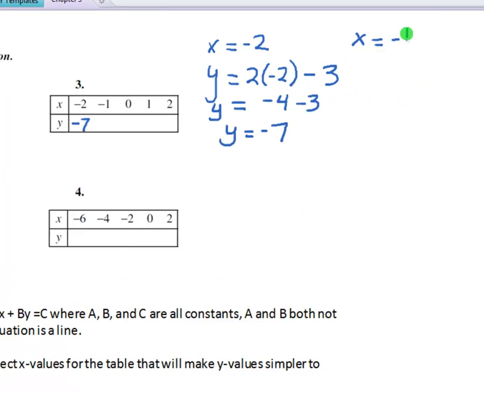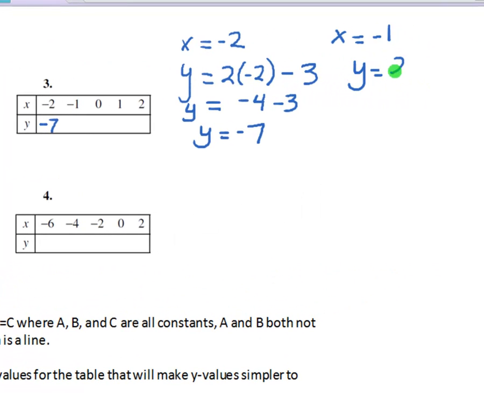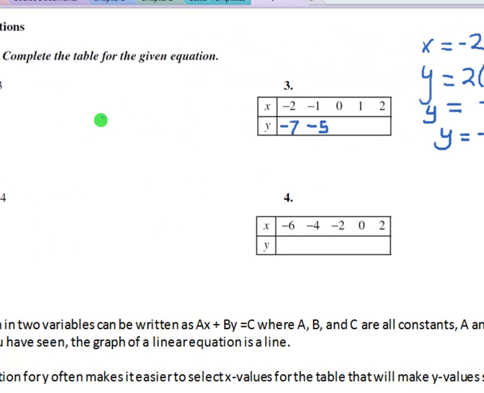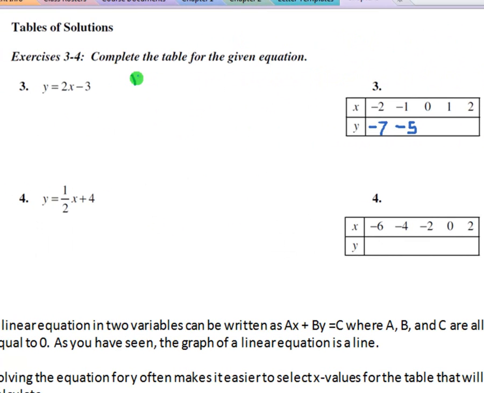Okay, our next x value is x equals -1. Again, substituting into our original equation, we get y equals -2 minus 3, or y equals -5. Let's write that in here. Now we were looking for the y value for x equals 0. So y equals 2 times 0 minus 3, or y equals -3.